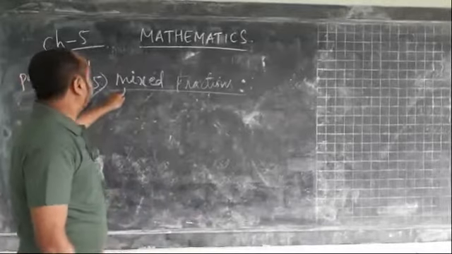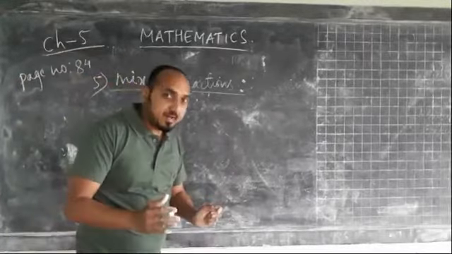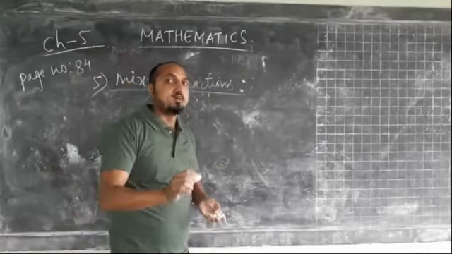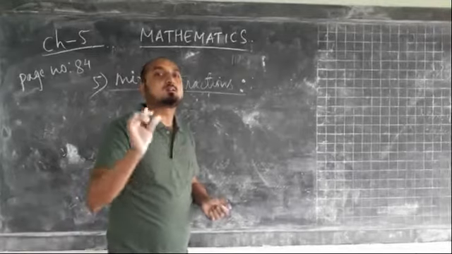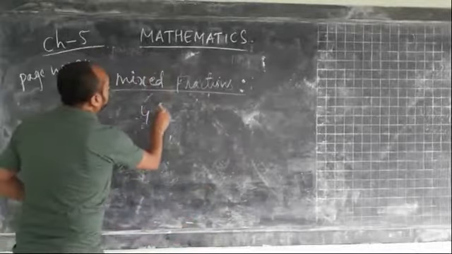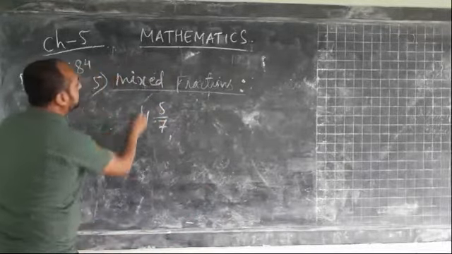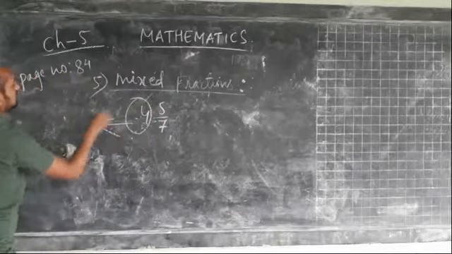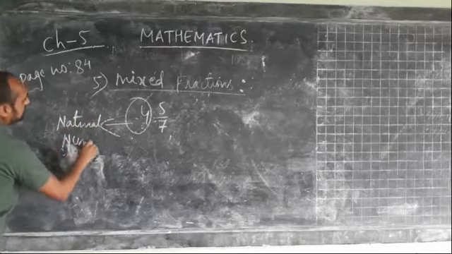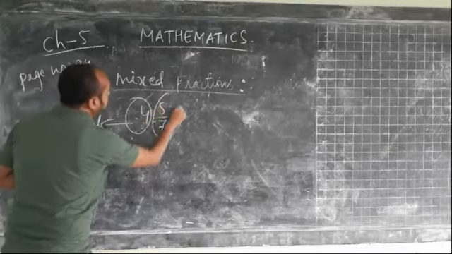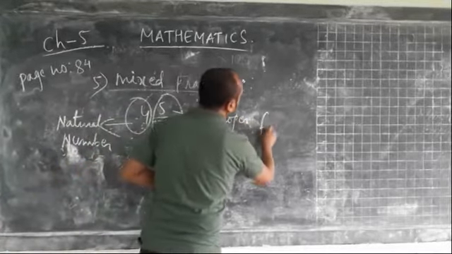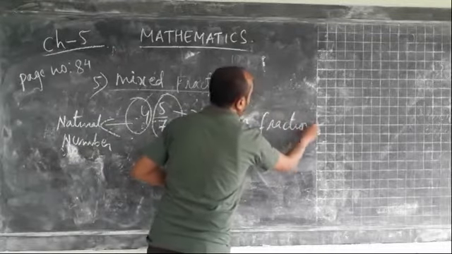Next one we have mixed fraction. Any fraction consisting of a natural number and a proper fraction is called a mixed fraction. Example, 4 5 by 7. So here this 4 is a natural number and this 5 by 7 is your proper fraction.